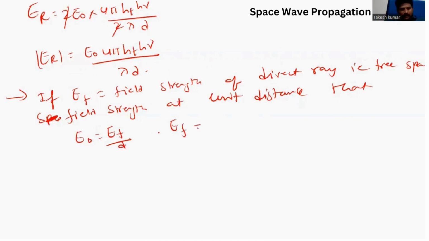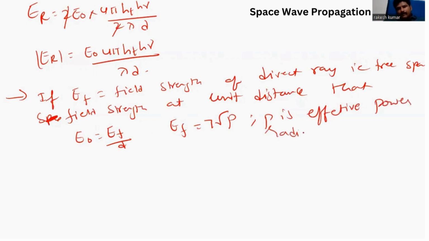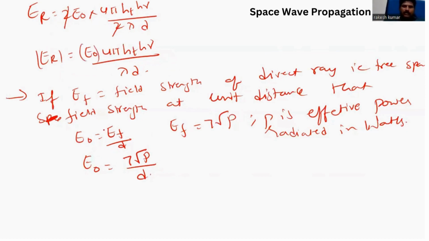Therefore, F is equal to 7 root P, where this P is effective power radiated in watts. Okay. So now what is the value of E naught? E naught is equal to 7 root P by d. Okay, now in the place of E naught, simply substitute this value.